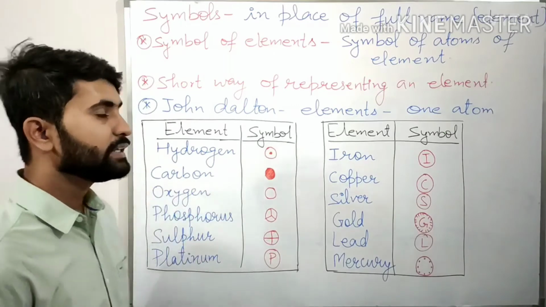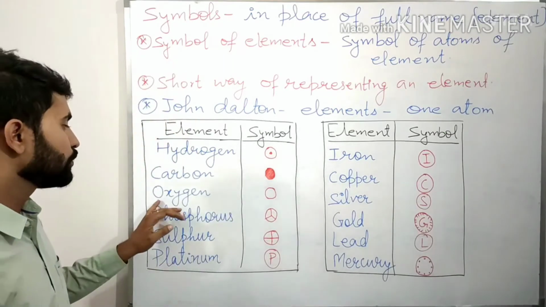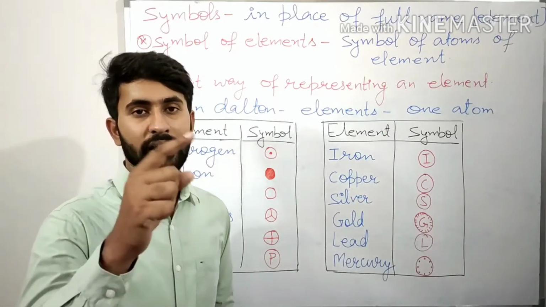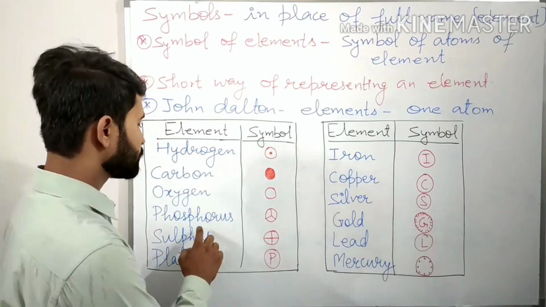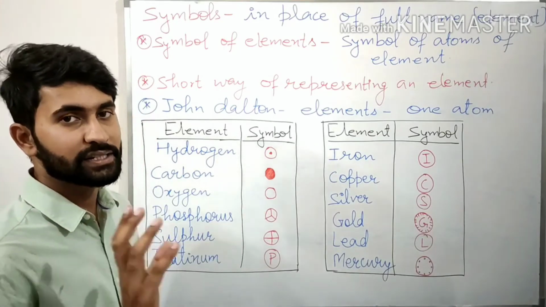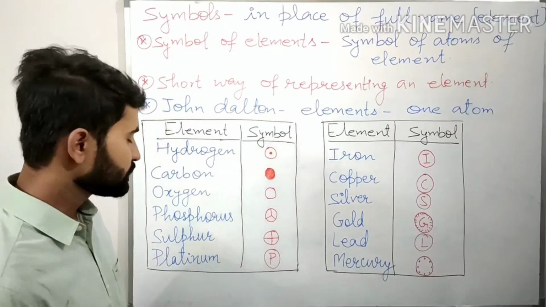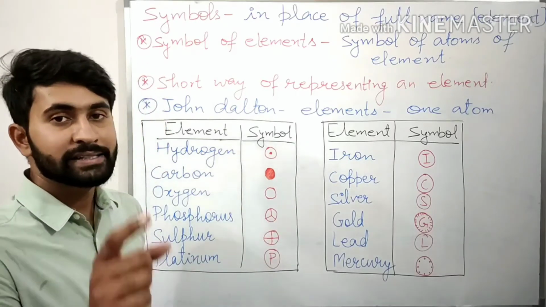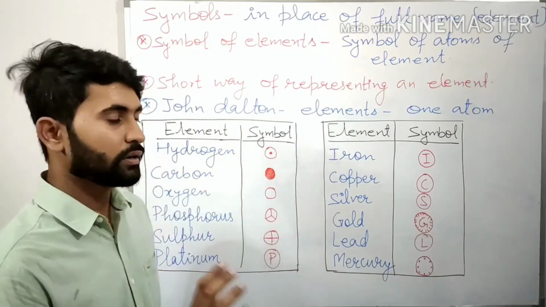For carbon, he used a colored circle. For oxygen, he used an empty circle. For phosphorus, the symbol is just like the logo of Mercedes. And for sulfur, a plus sign is drawn inside the circle.